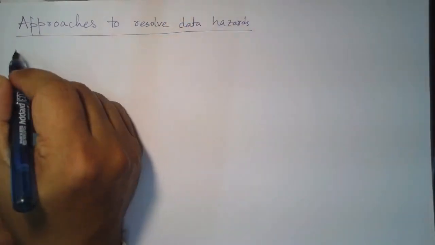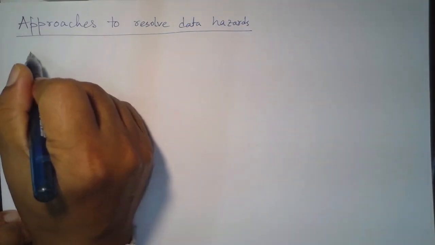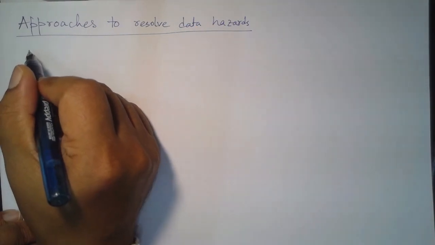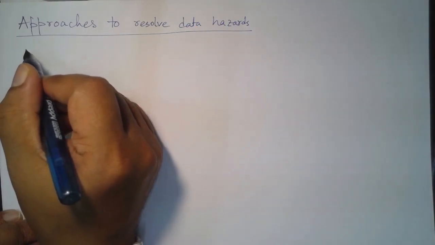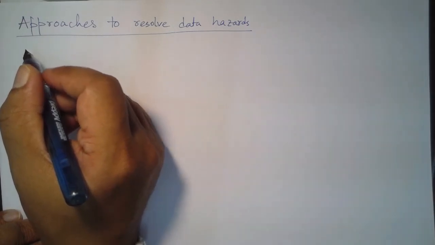The first approach we will talk about is called scheduling. The programmer looks at the data flow, and explicitly avoids scheduling instructions that would create a data hazard.